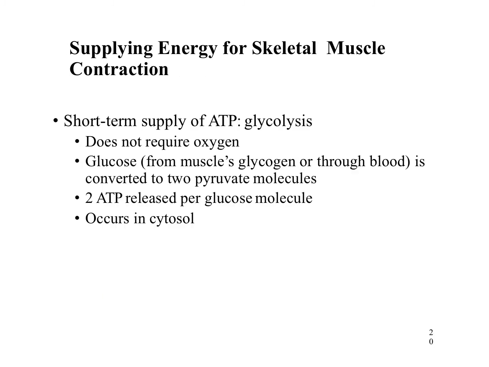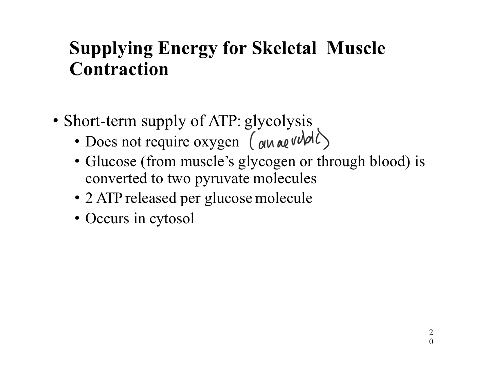Okay? Short-term glycolysis review: it does not require oxygen, which means it's what? What's the word? Anaerobic. Okay? Glucose, in this case, is sourced from a muscle's storage of glucose in the form of glycogen. All right?